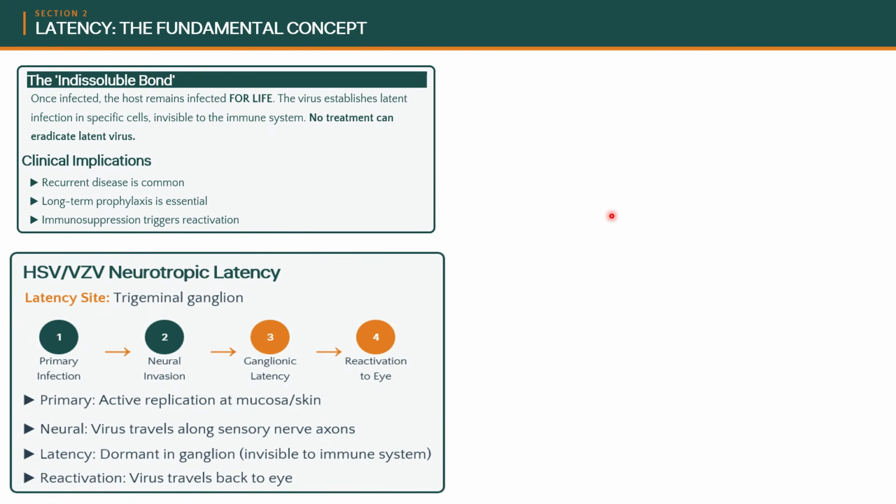Now we come to one of the important common criteria for all these viruses, what is known as latency, or the indissoluble bond. All of these viruses belong to the herpes group of viruses, and they have the feature of being latent.